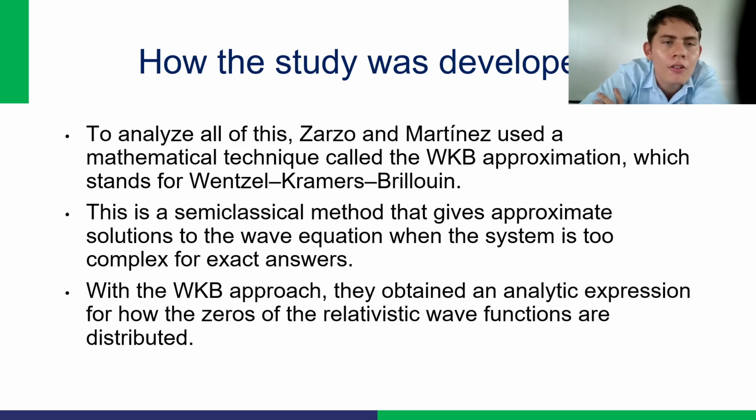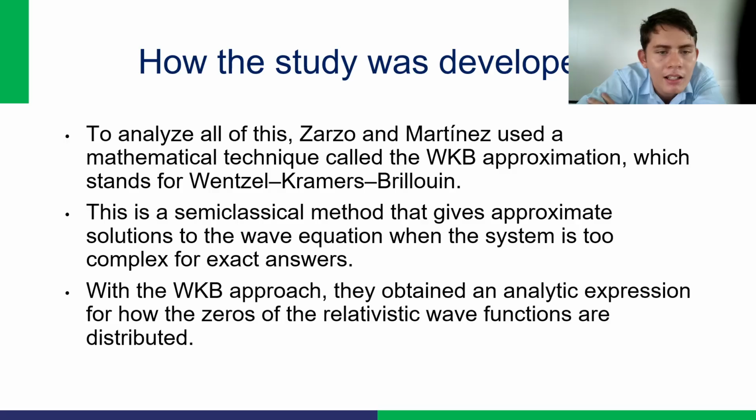And to finish the questions, how was the study developed? To analyze all of this, Sarso and Martinez used a mathematical technique called the WKB approximation, which stands for Wentzel-Kramers-Brillouin.